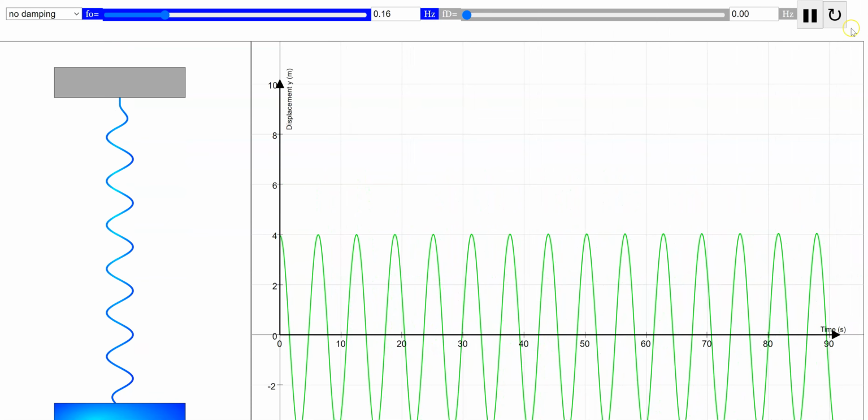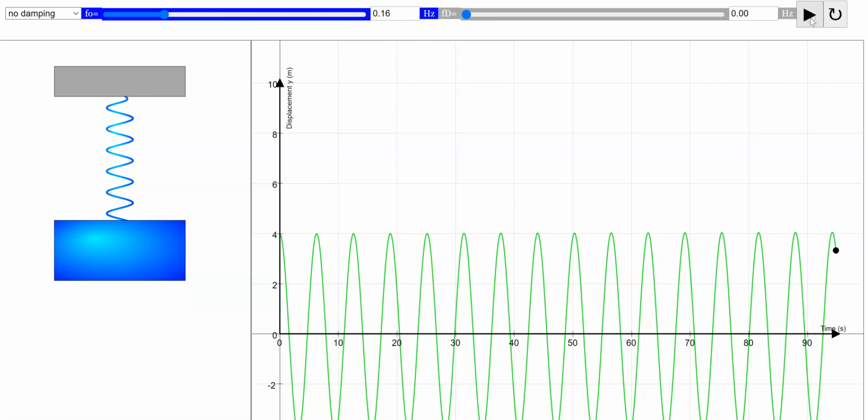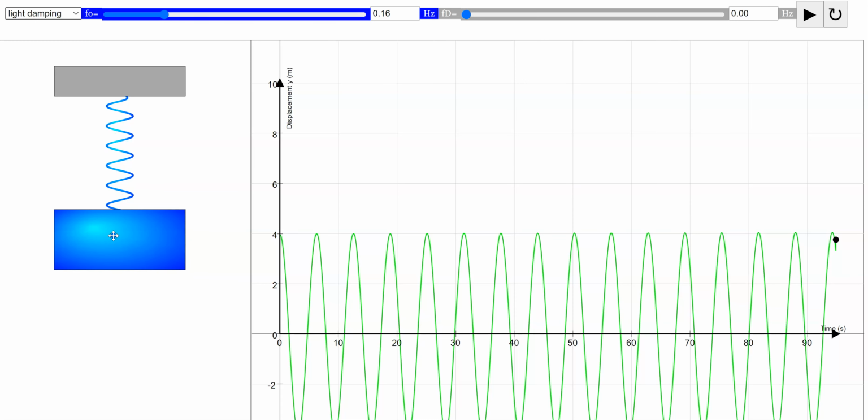I'm going to stop it and try to show you some damping over here. So I'm going to put light damping here. And I'm going to shift my mass back to 4.